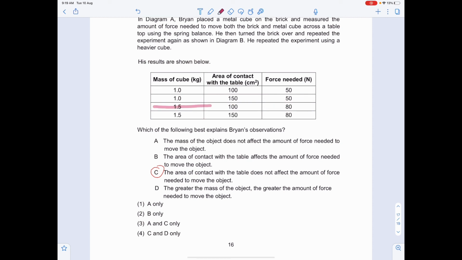So I'm just going to look at this and this. You will notice that given that they are the same area of contact, the mass being different, the amount of force needed is actually greater. So D is actually correct. So therefore the answer is C and D.